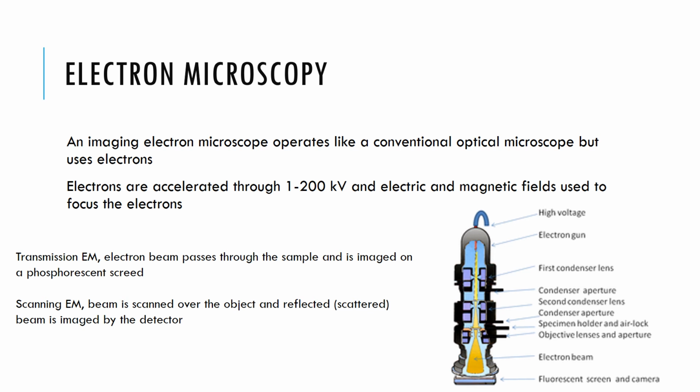The electrons, being charged, are focused using electric and magnetic fields, and there are two key types of electron microscopy: transmission electron microscopy and scanning electron microscopy. In TEM, the electron beam actually passes through the sample and is imaged on a phosphorescent screen, whereas in scanning electron microscopy, SEM, the beam is scanned over the object and the reflected or scattered beam is imaged by a detector.